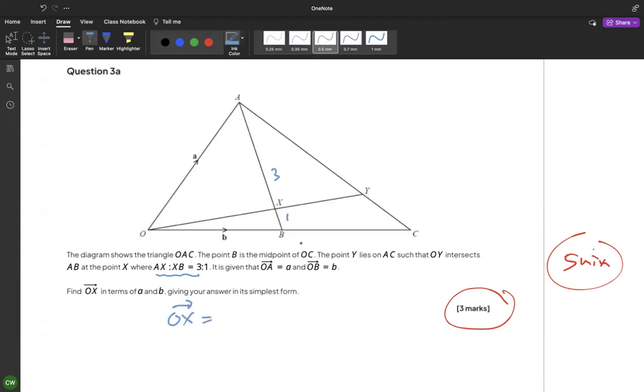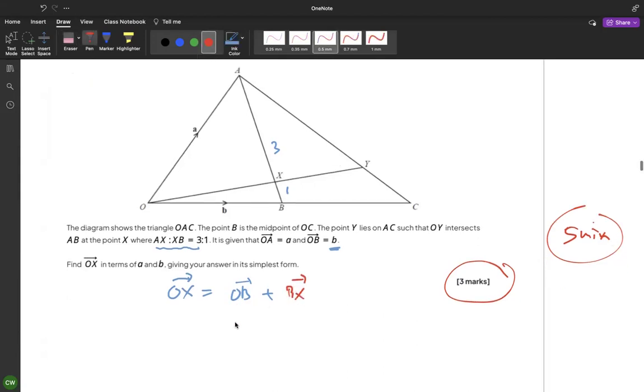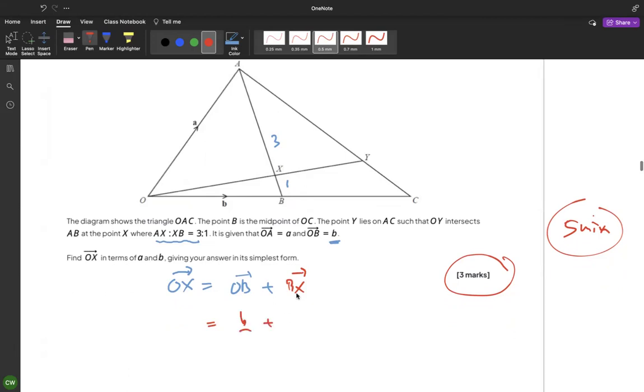So to find OS, the arrow must be there. OS can be, OP is this one. You can go in this direction. That means it's OB plus BS. And OB is B. BS, you can change it to 1 out of 4 of AB.